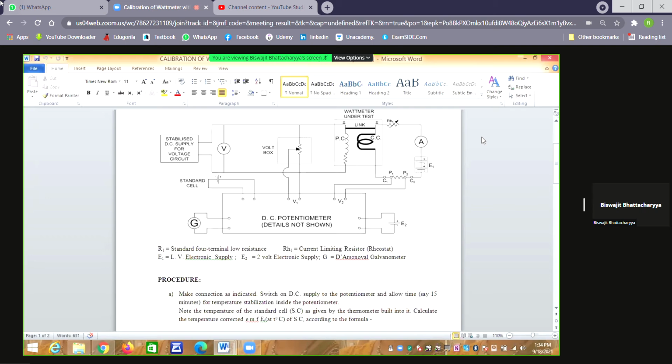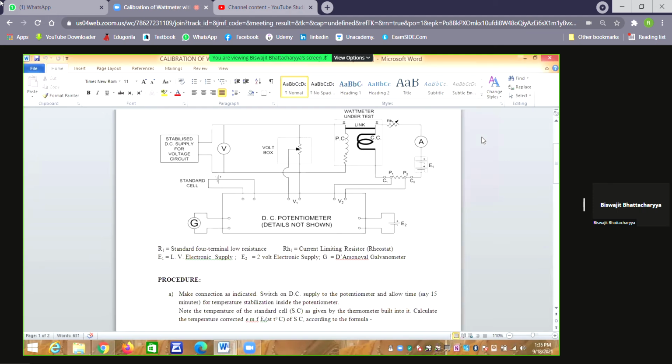Ultimately, the original deflecting torque is not available because of the newly generated electrostatic force. So the angular deflection of the instrument is no longer proportional to the product of the two currents. They are not related directly that way. So what do we want?